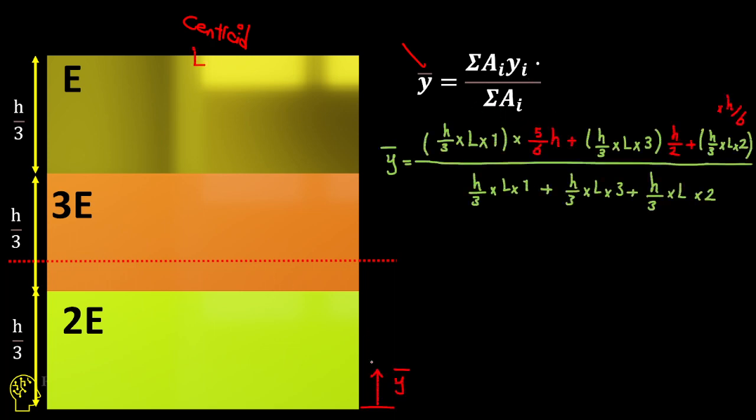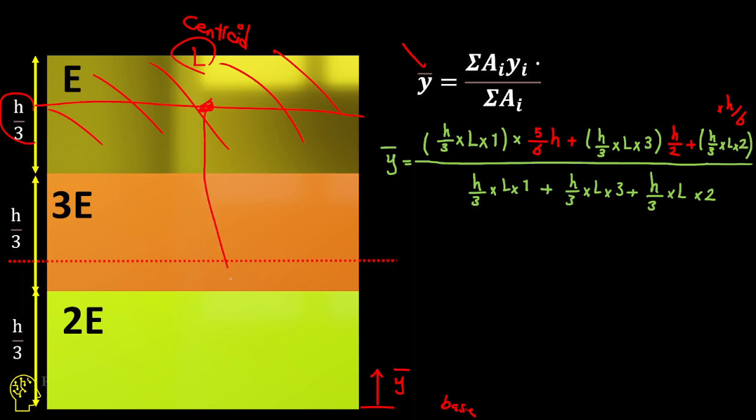To do so, consider the base at the very bottom and multiply the area, for example this part, h over 3 times length, times the centroid of this part, which is 5h over 6 based on the given height. The only thing we consider here is the weighted centroid.